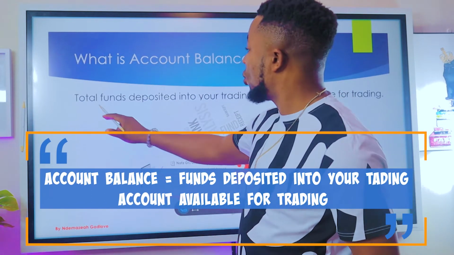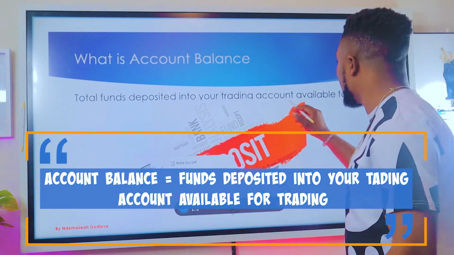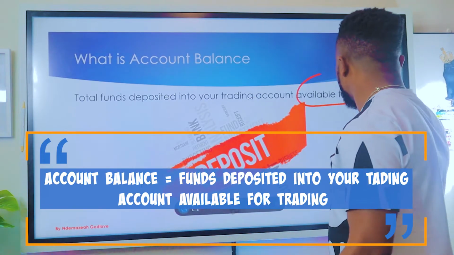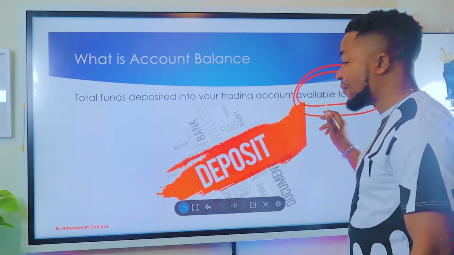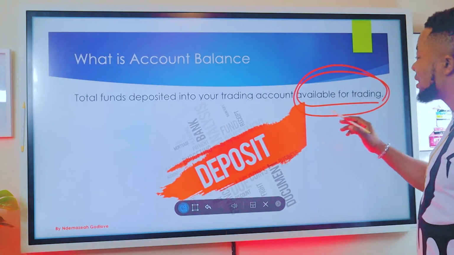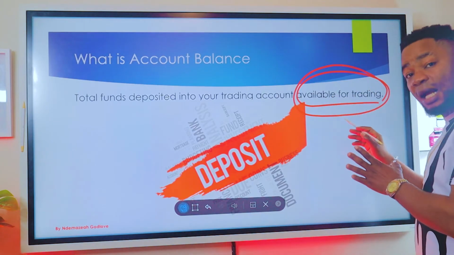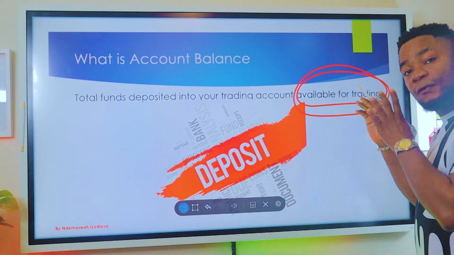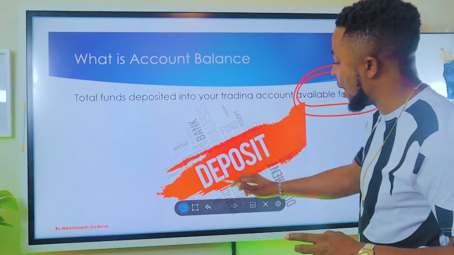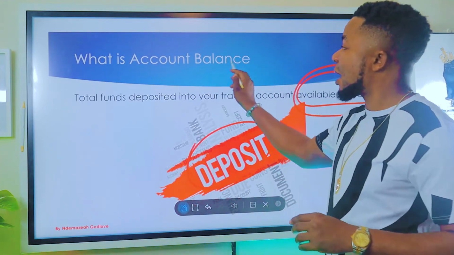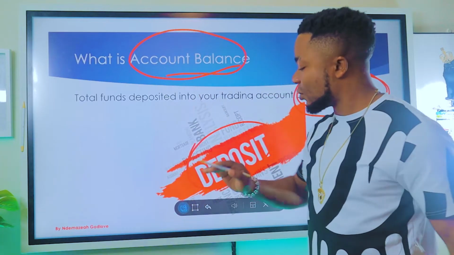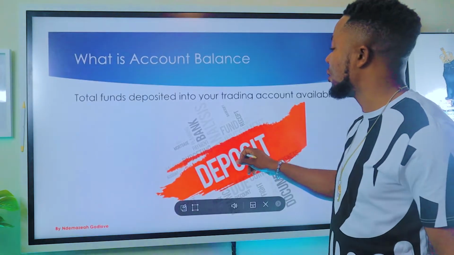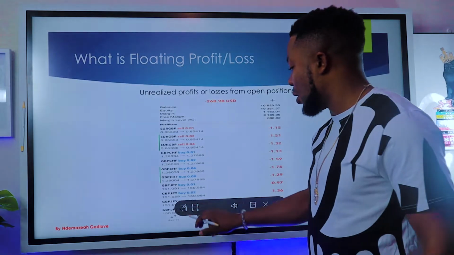You can see they say it is the total funds deposited into your trading account available for trading. This is very, very important. Total funds deposited into your trading account which are available for trading. So that is known as your account balance.